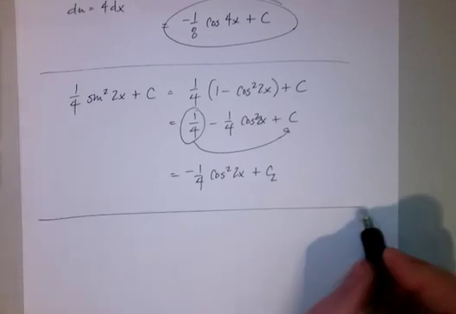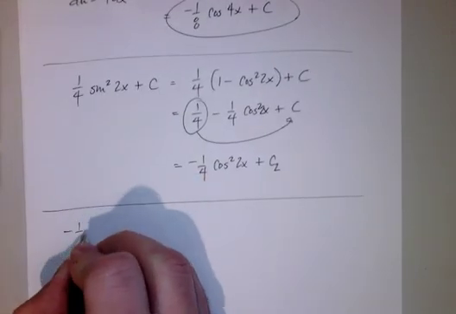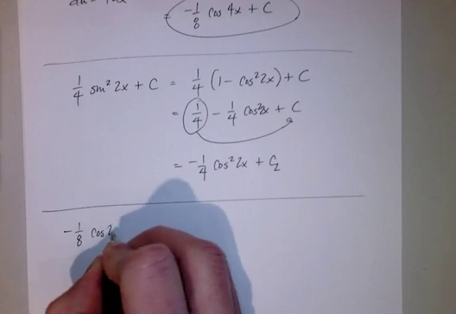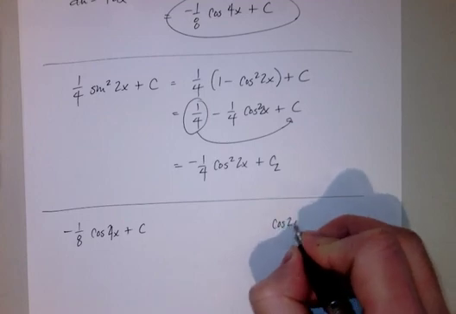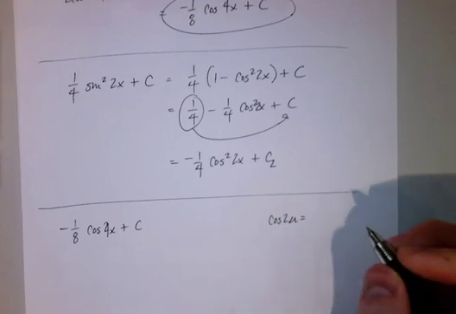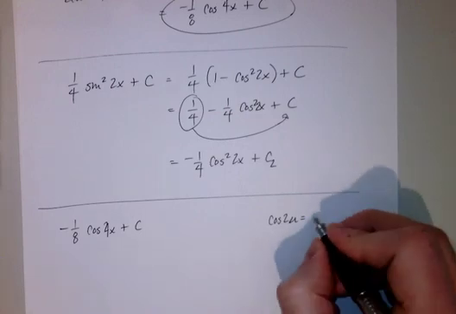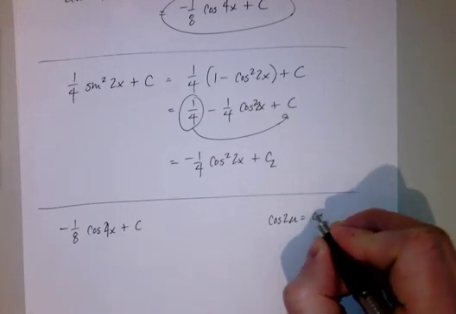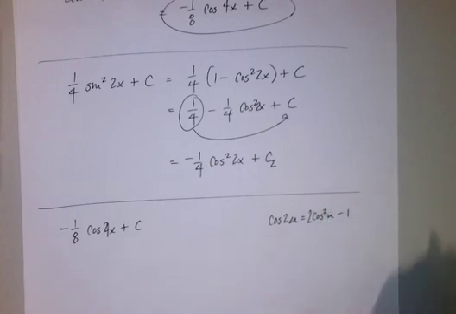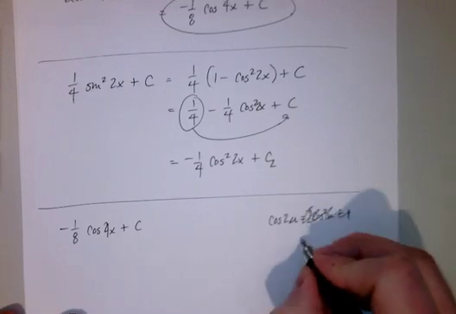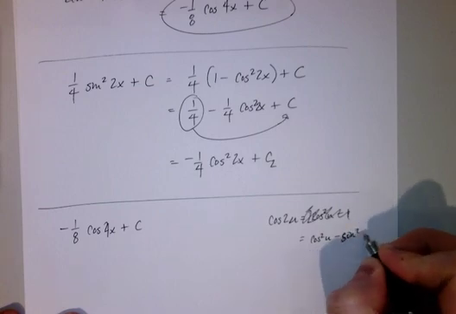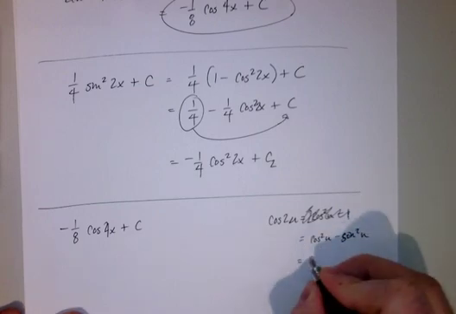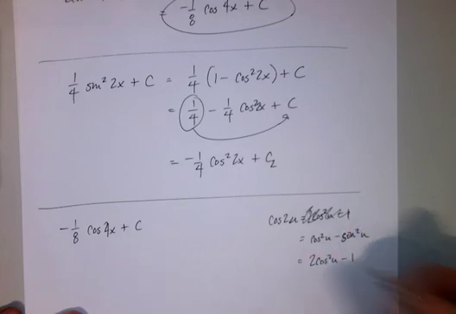Or how about this? Let's look at the third one. We have negative 1/8 cosine 4x plus c. But I know that cosine 2u can be a number of things, namely cosine squared u minus sine squared u, which ends up being 2 cosine squared u minus 1.